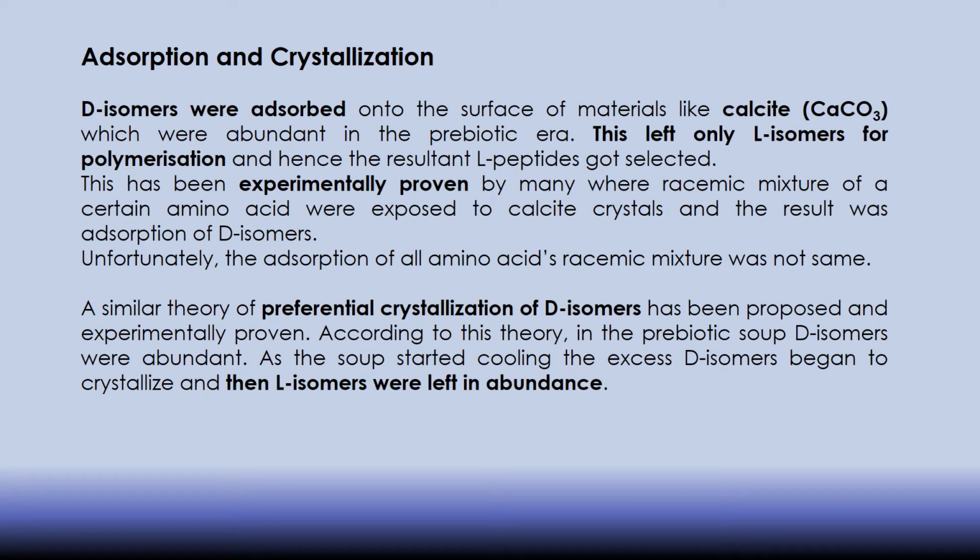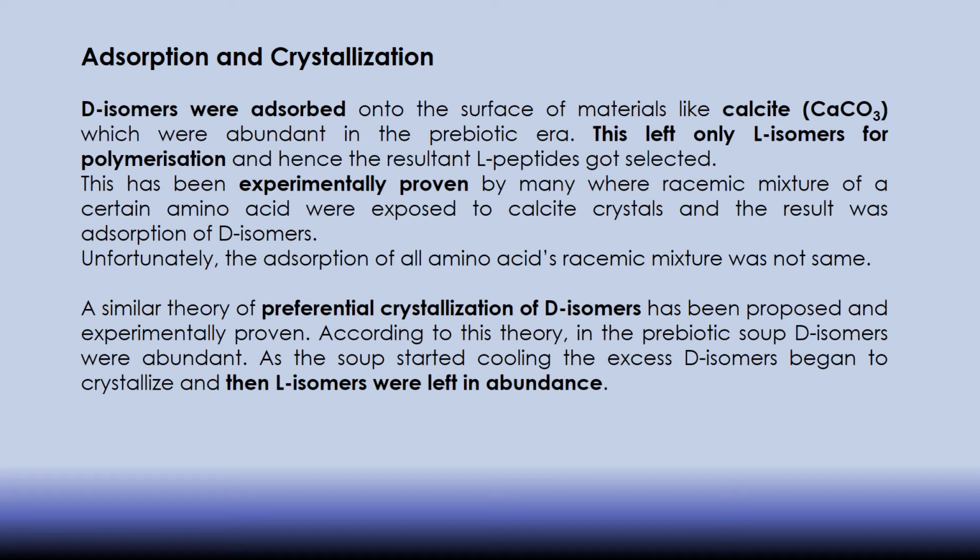According to the theory of adsorption, D amino acid isomers were adsorbed onto the surface of materials like calcite, which were abundant in the prebiotic era. This left only L-amino acid isomers for polymerization, and hence the resultant L polypeptides got selected.